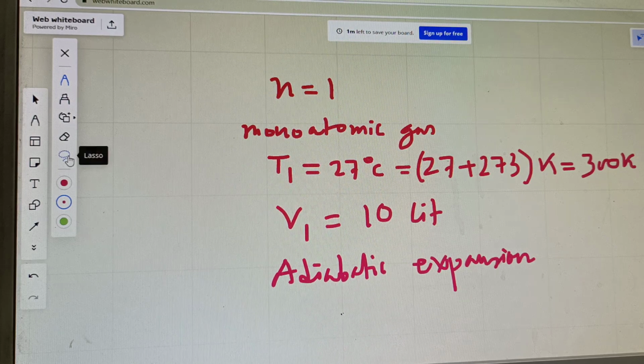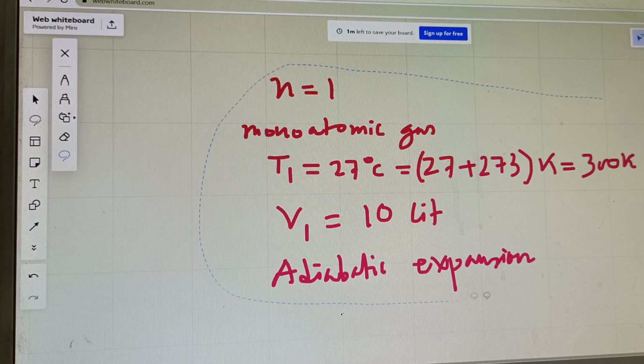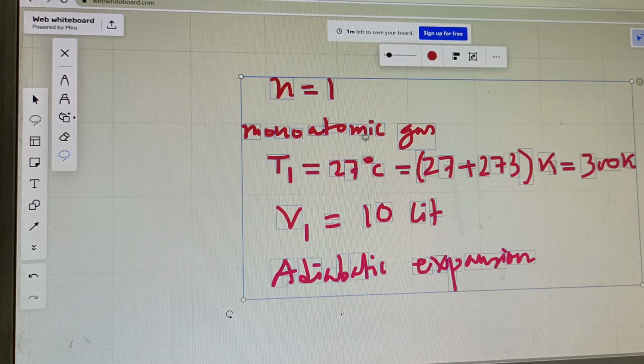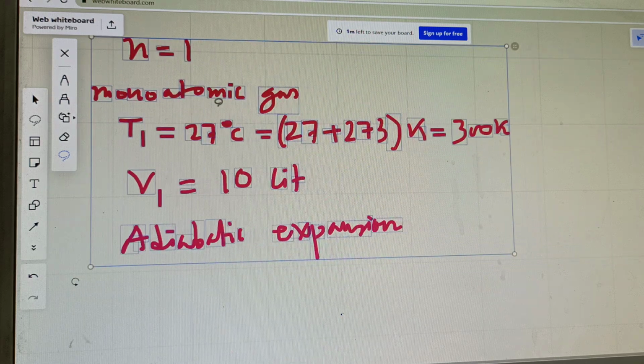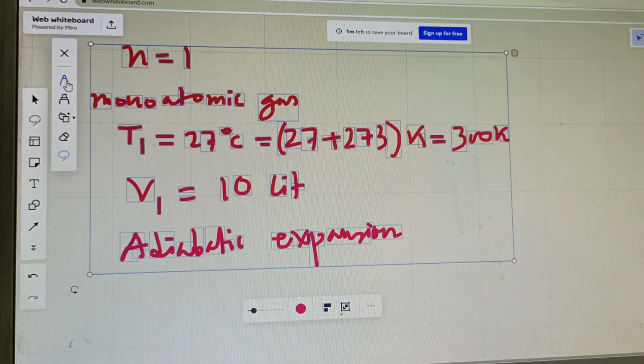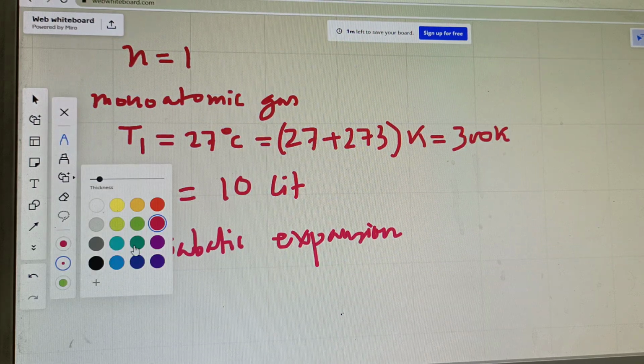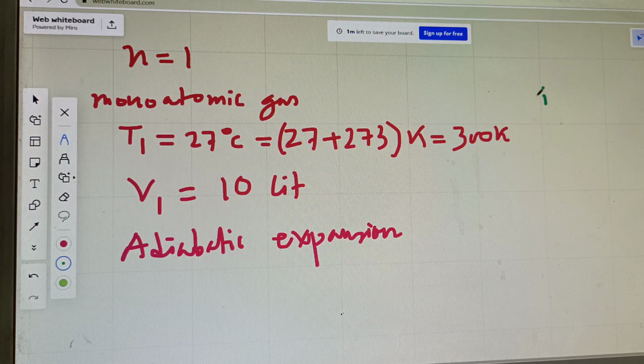Okay, so these are the conditions, and the first process, number 1, is the adiabatic expansion against a constant external pressure.